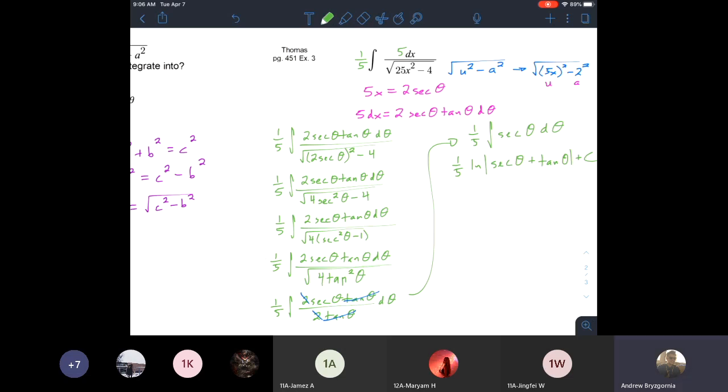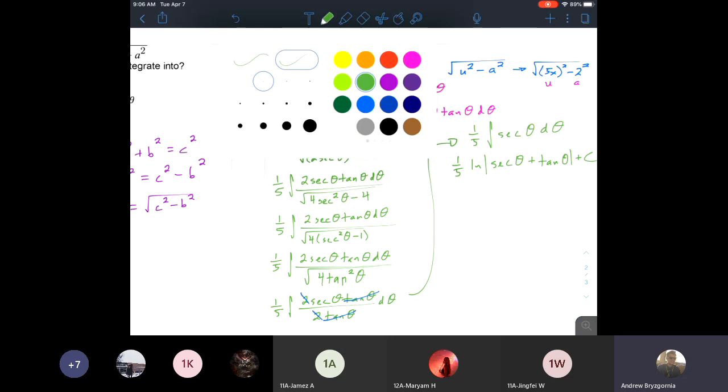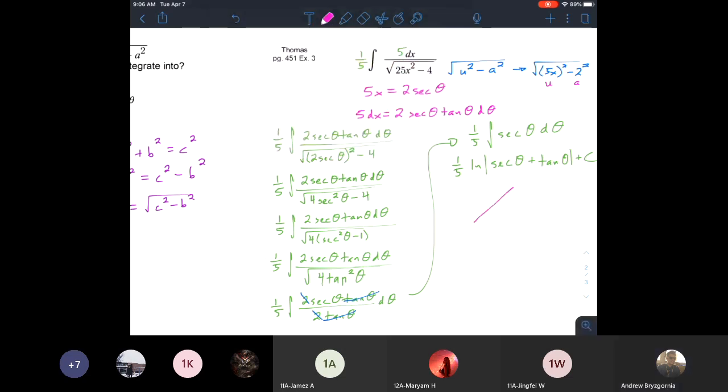So like the other examples, we need to make a reference triangle. From that first substitution that we made, like we've done before, we want to get the secant theta all by itself.